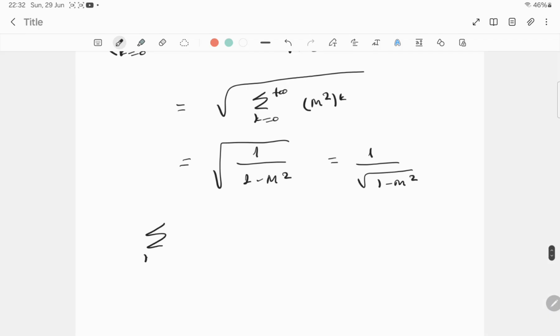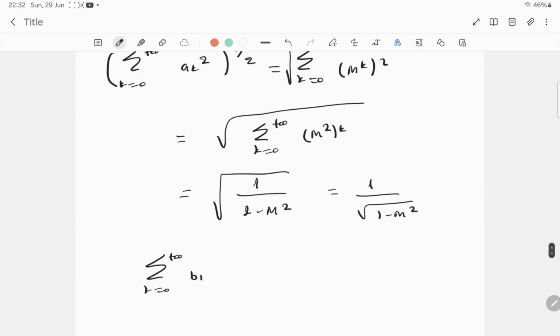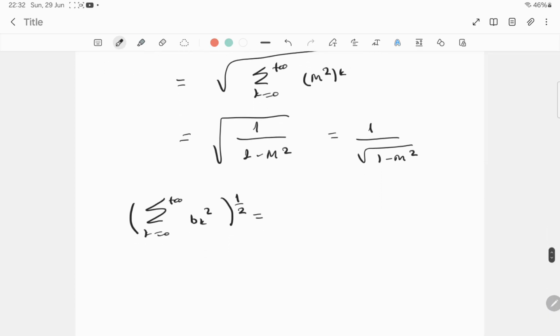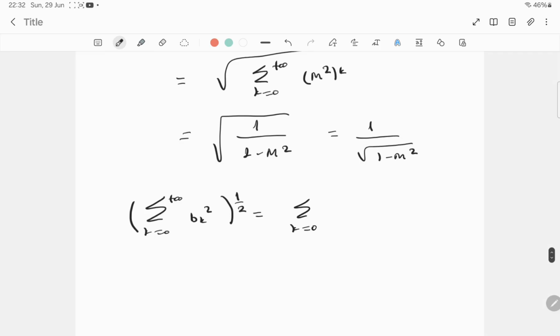And then we have the sum from k equals 0 to infinity of b_k squared, to the power of a half. So that's l to the power of k, squared, and that is to the power of a half.